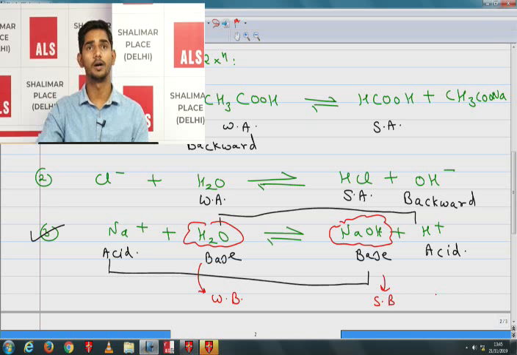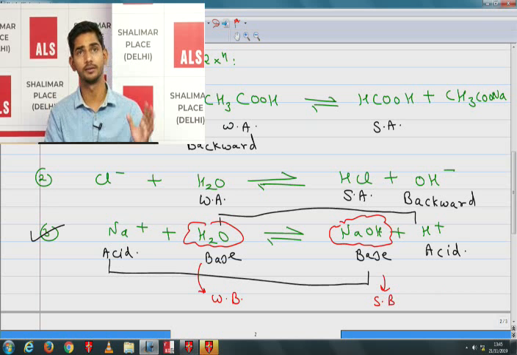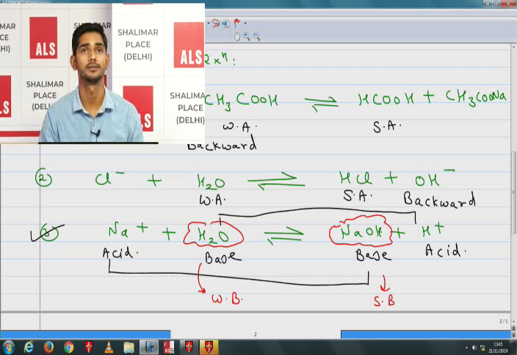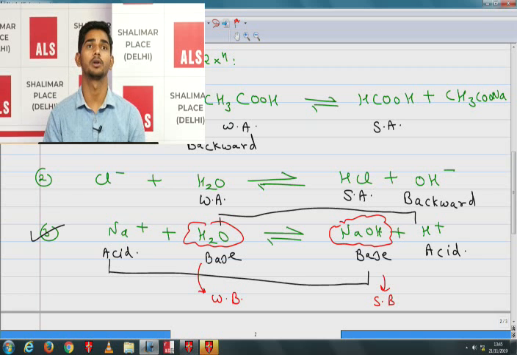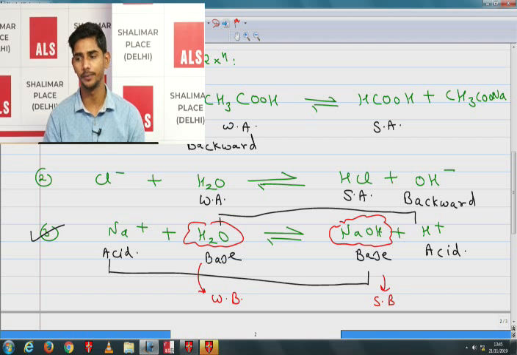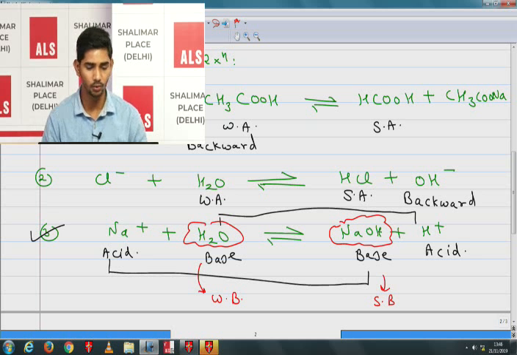So after identifying the base, just check out your direction. Got it, guys? These are quite good questions. You can learn lots of concepts by solving questions. If anyone still has any doubt, you can please ask me.